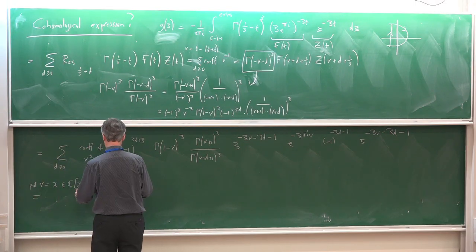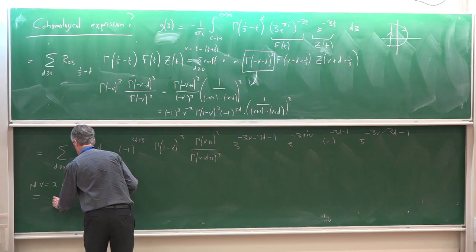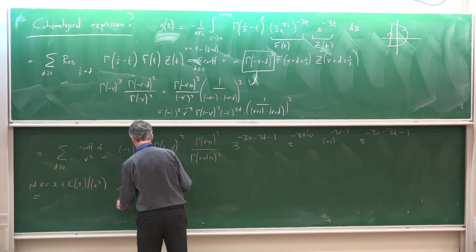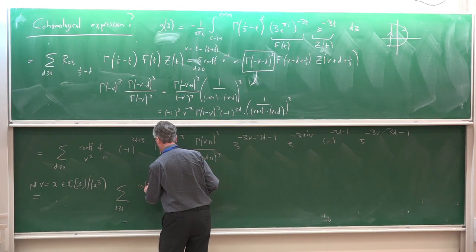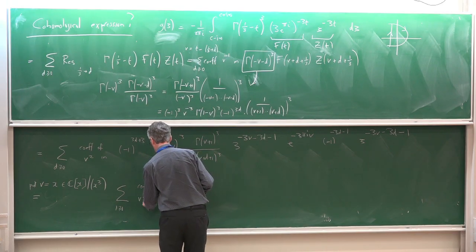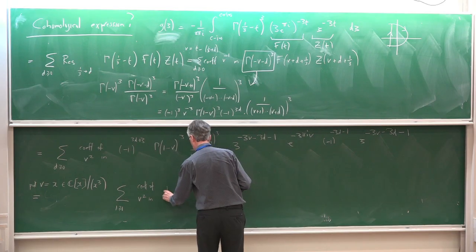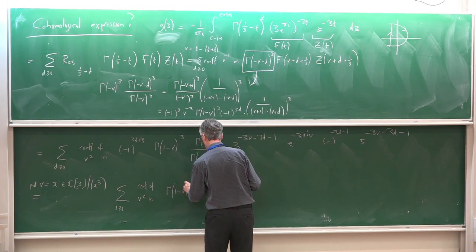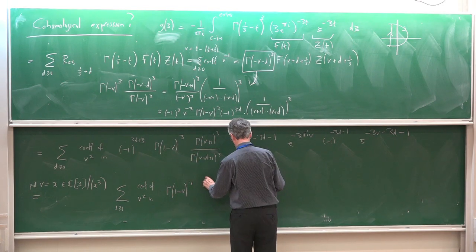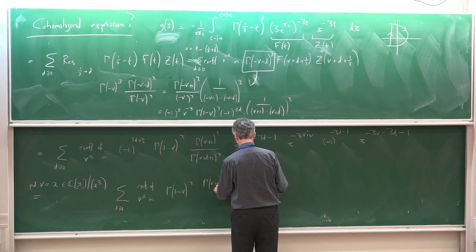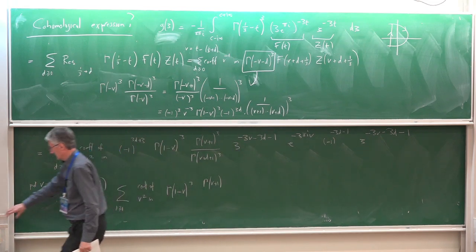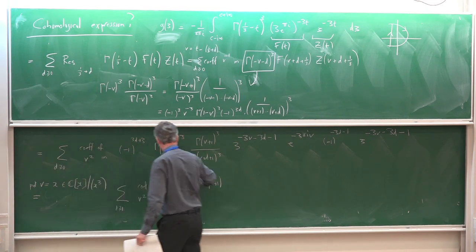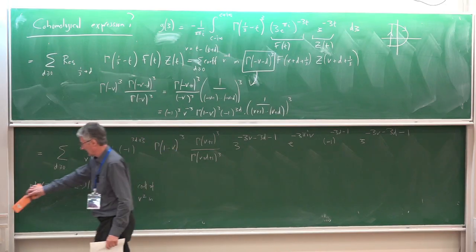So the conclusion is that I get the sum of the coefficient of v squared in... sorry, so no, I got rid of v. v is x.